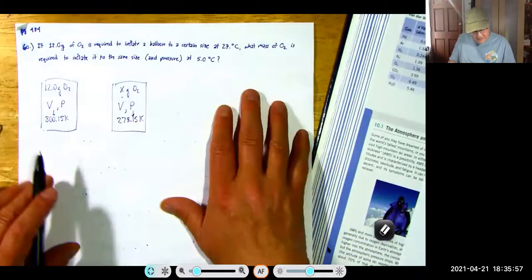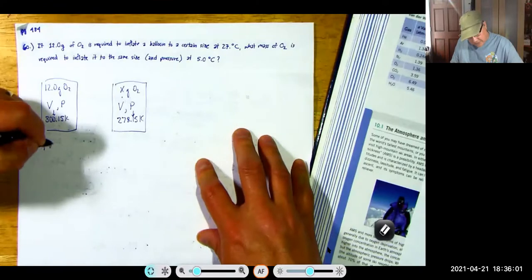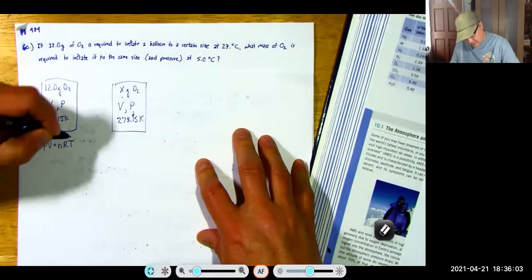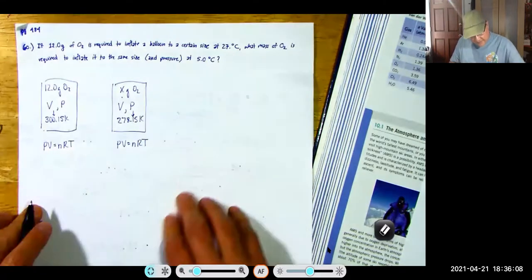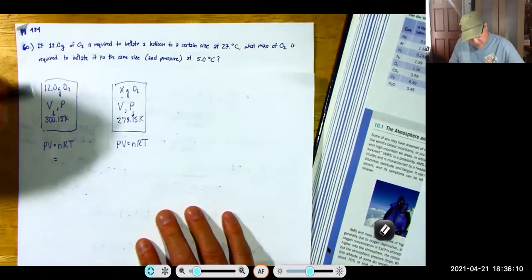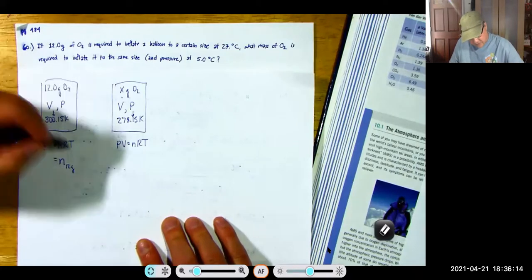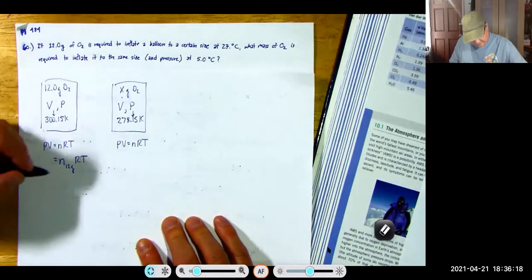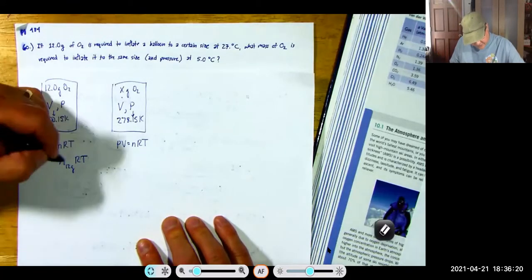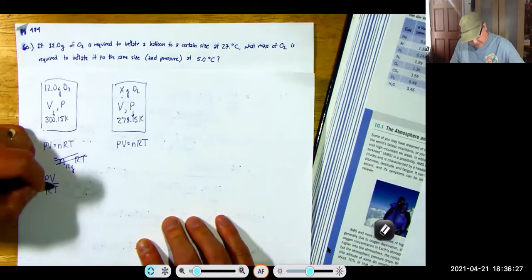So here are our two containers. Now, we know that PV equals nRT, and here PV equals nRT. And more specifically, I'm going to put the moles for 12 grams of O2, RT. And actually, I'm going to change this to PV over RT is equal to n.